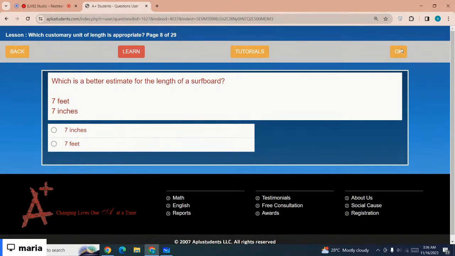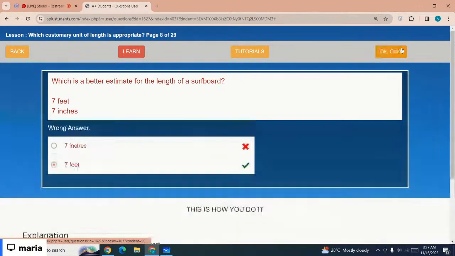Which is the better estimate for the length of a surfboard? That would be 7 inches. Oh, that is 7 feet.